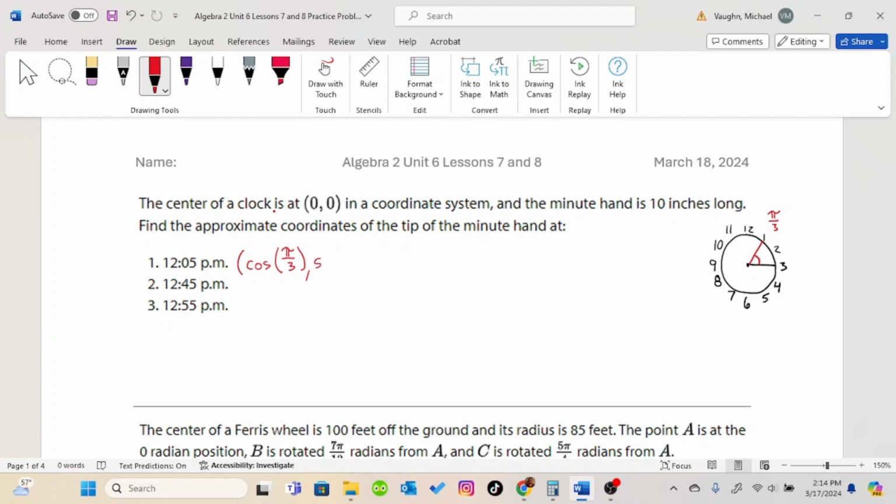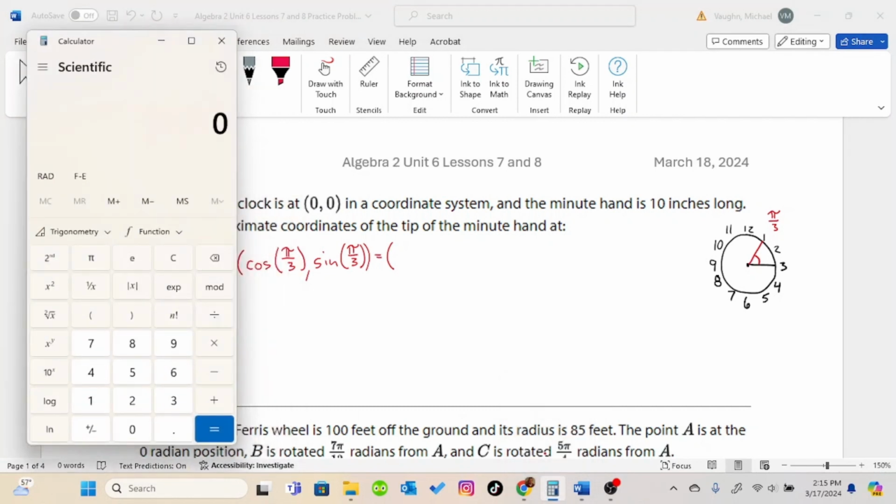And then our y is going to be sine of pi over 3. And then you can turn this into actual decimal coordinates.